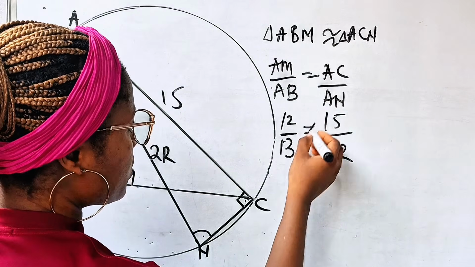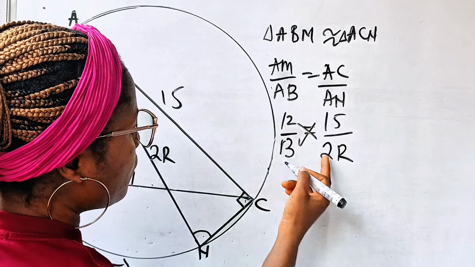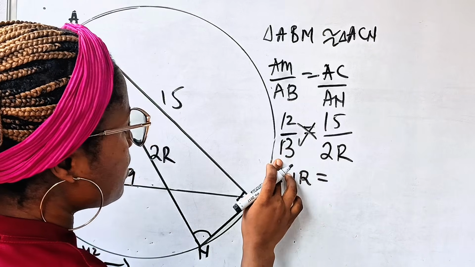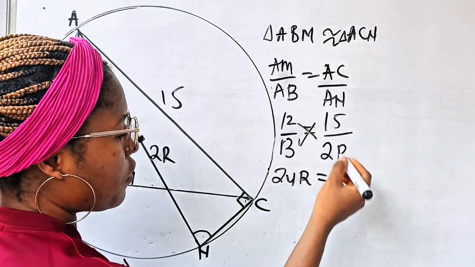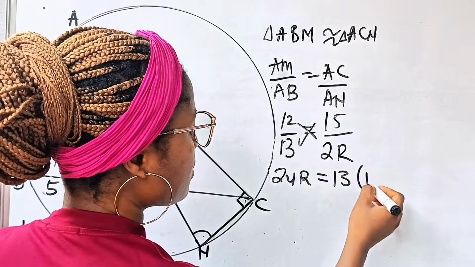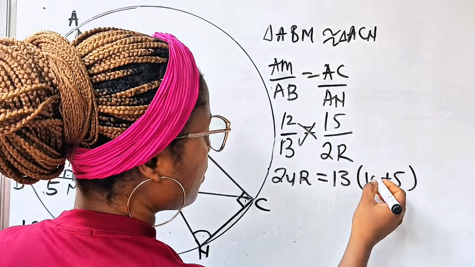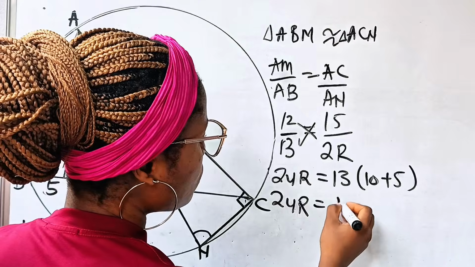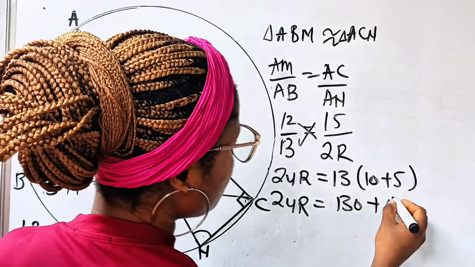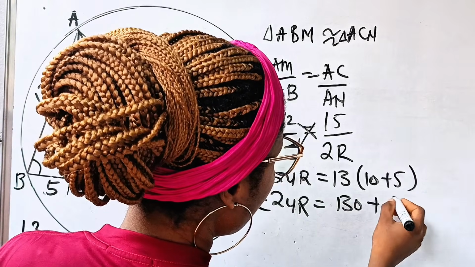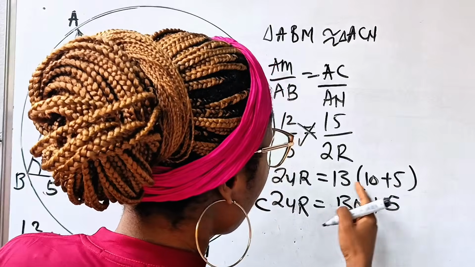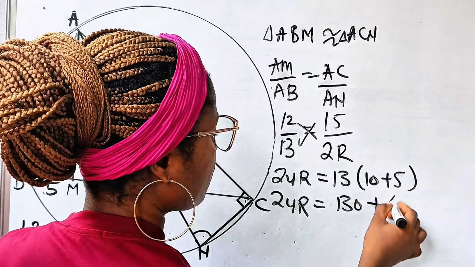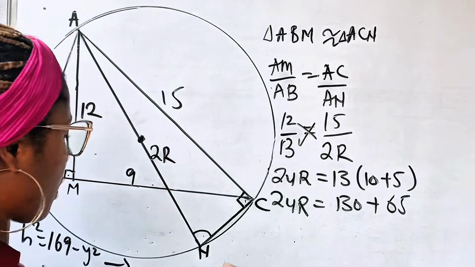Now, if we cross multiply, we have 12 times 2R is 24R, is equal to 13 times 15. Let's write this as 13 times 10 plus 5. So 5 times 3 is 15, carry 1, 5 times 1 is 5, plus 1 is 6, so we have 195.